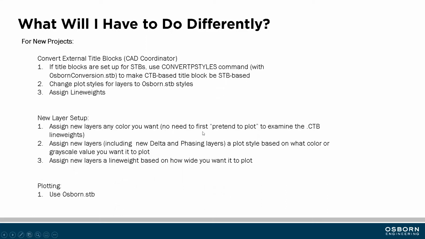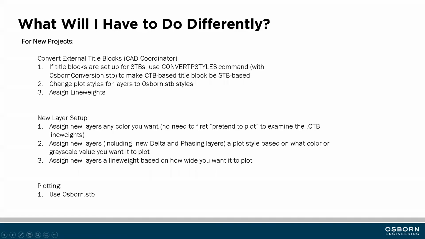There's no need to pretend to plot so that you can go examine the CTB line weights. You can just give the layer any color you want, assign it a grayscale value by giving it a plot style, and give it a line weight.